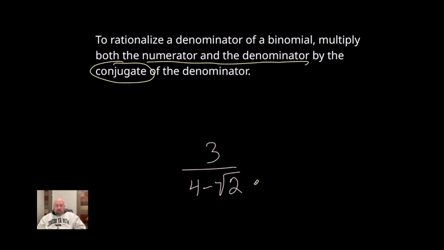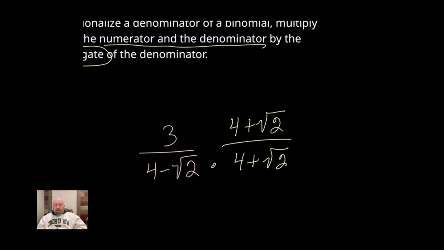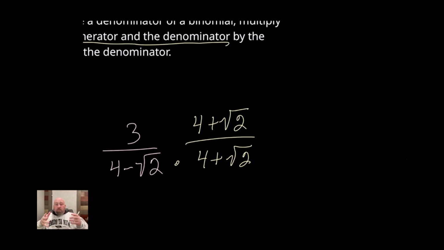So we're going to multiply this times 4 plus the square root of 2, and we're going to multiply this times 4 plus the square root of 2. This is, again, the weirdest looking number 1 that you've ever seen, but this is an identity thing, and all we're doing is rationalizing the denominator, or putting it into the proper format.